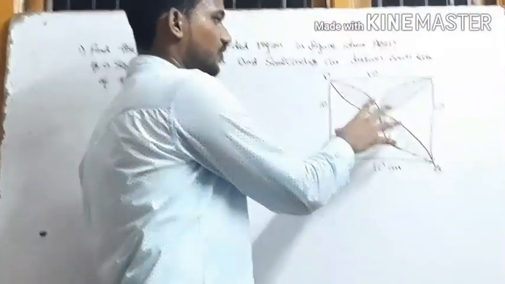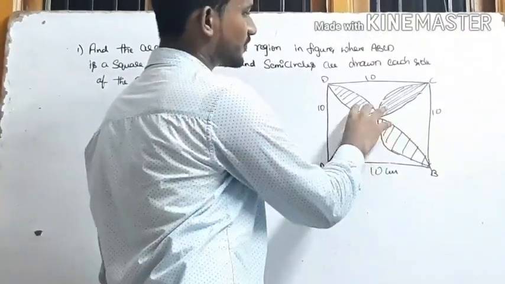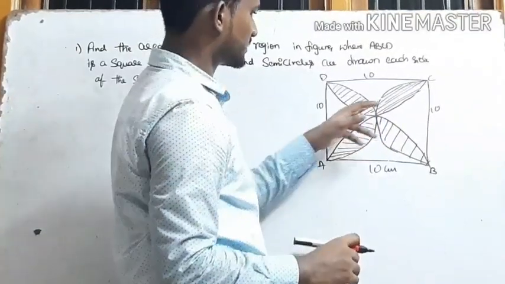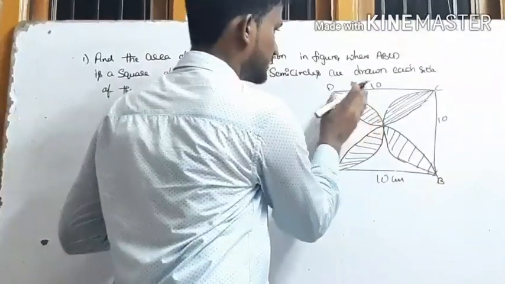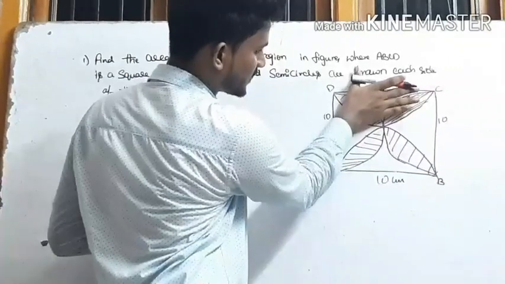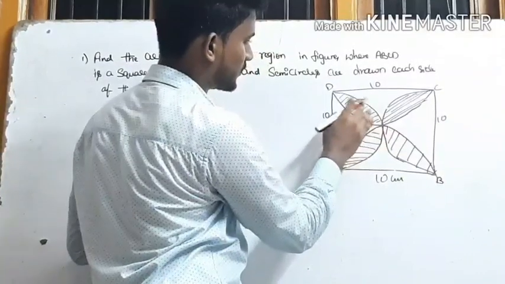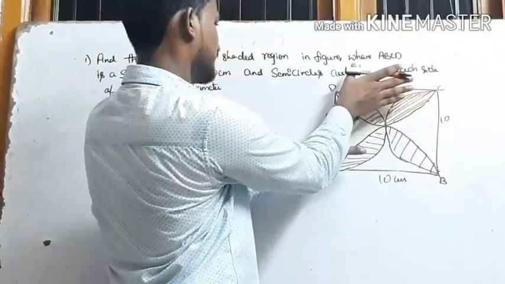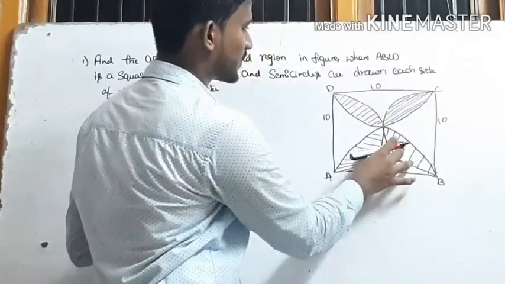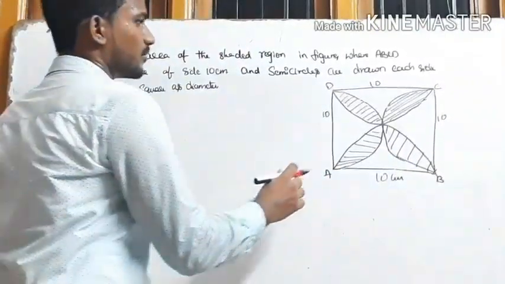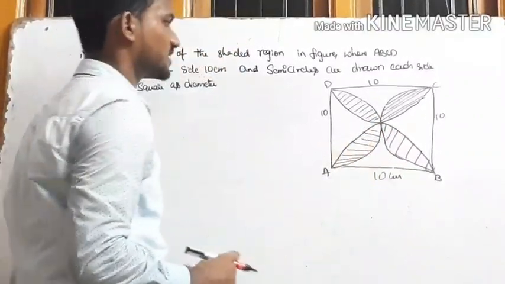The total area of the 4 semicircles minus the area of the square gives the shaded region, because the shaded region is these 4 parts remaining. You can find the shaded region by eliminating the area of the square minus the total area of the 4 semicircles.